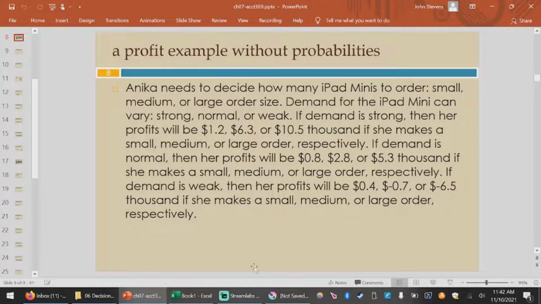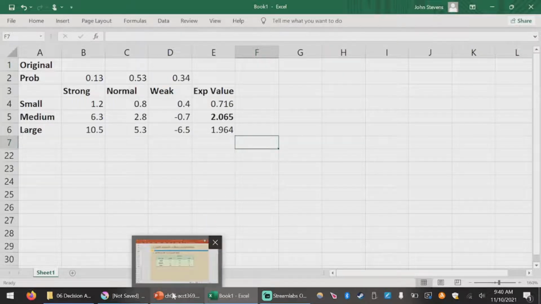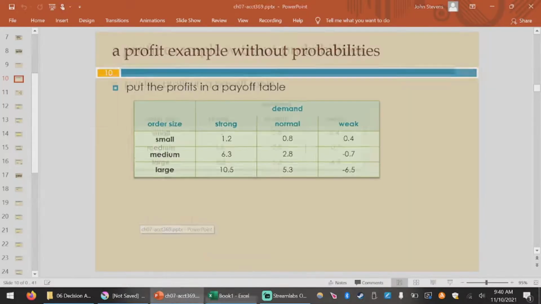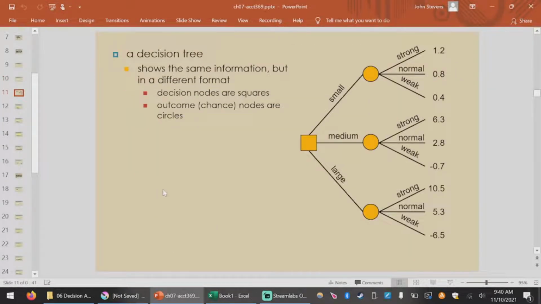All right. But when it comes to the decision tree or the probability tree, there are certainly a couple of ways to do this. You have two things that can change: the market conditions and the order size. So one way is to split it up according to the order size and then split it up again according to the market conditions.